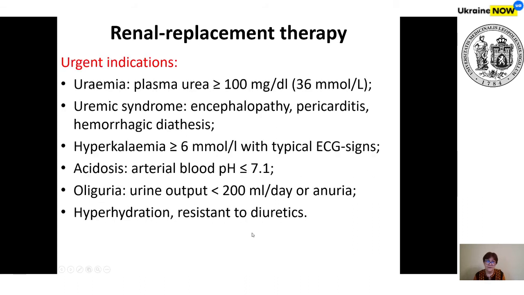Indications for urgent hemodialysis: urea level in plasma more than 36 millimole per liter, uremic syndrome developing encephalopathy, pericarditis, hemorrhagic diathesis, hyperkalaemia more than 6 millimole per liter with typical ECG signs, acidosis with arterial pH less than 7.1, oliguria, urine output less than 200 ml per day or anuria, and hyperhydration resistant to diuretics.